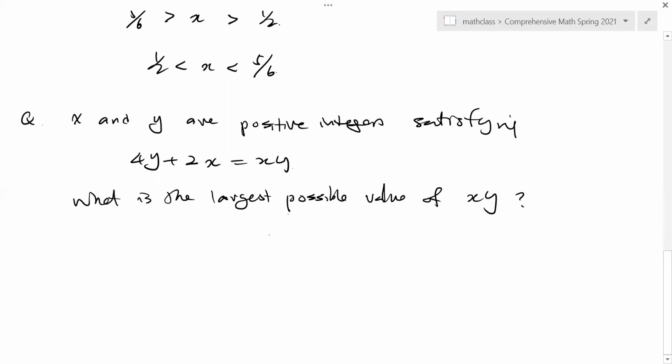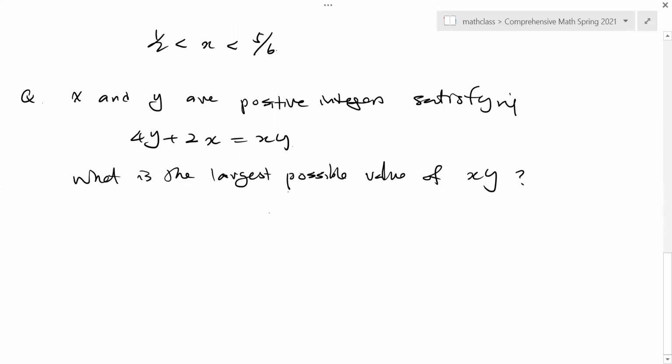That means maybe you only have finitely many solutions, so we can find the largest product. Let's try to solve this problem.